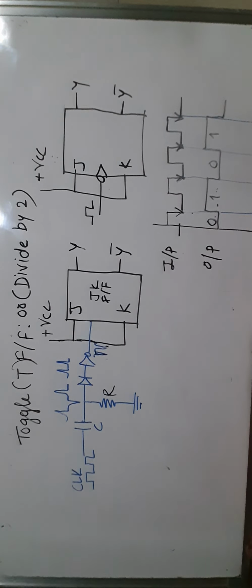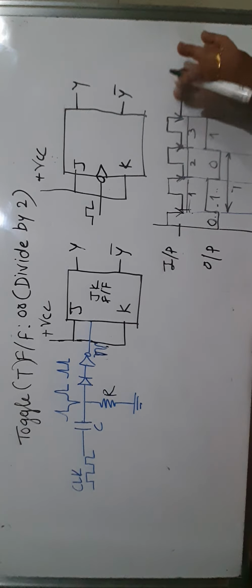Okay, so here if we observe carefully, this is the first clock pulse, this is the second clock pulse, this is the third clock pulse. So for 2 clock pulses of the input clock, we are getting 1 clock pulse at the output. So 1 complete clock pulse is observed for 2 clock pulses of input. That's why we can say that at the output the frequency is divided by 2.